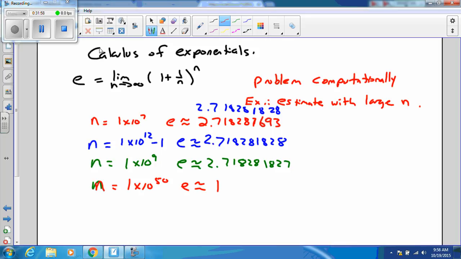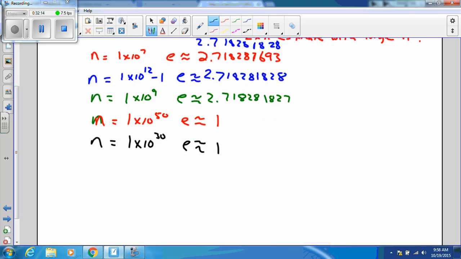I'm curious, what happens, try 10 to the 30th. Can we catch it in the act of getting a wrong answer? Get 1. 10 to the 20th then. Still 1.